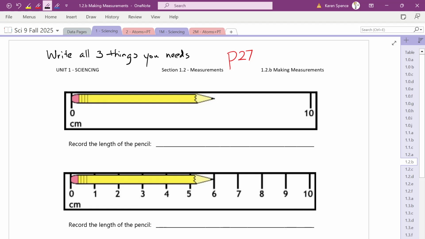And then if anyone's feeling really brave, would anyone like to come up and write on here? Yeah? Okay, you can do the first one, okay?